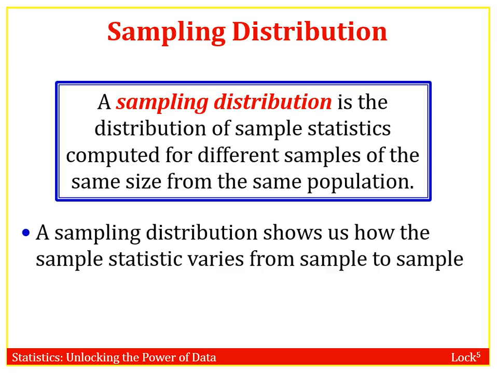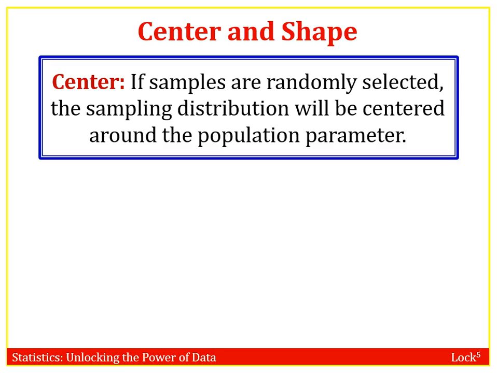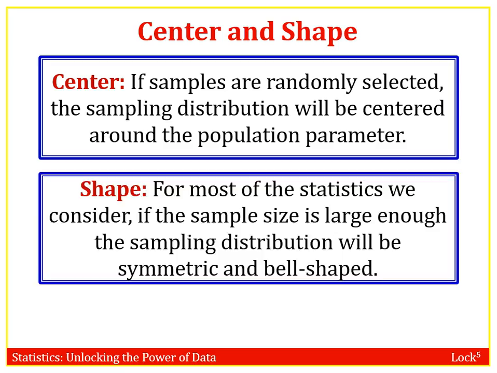The sampling distribution will vary from sample to sample, but the center of our sampling distribution should be the center of our population parameter. The shape of most statistics that we will be considering, if the size is large enough, will be bell-shaped and symmetrical for our sampling distribution.